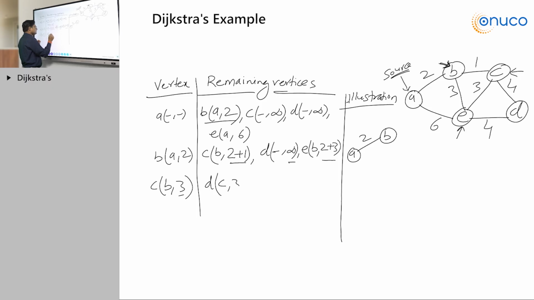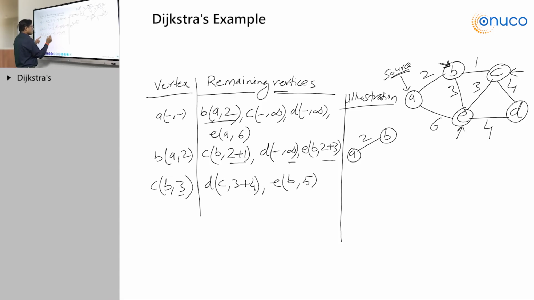Hence we can write 3 plus 4. For vertex E, if we go via C, then it is A to B, B to C is 3 and C to E is 3. So 3 plus 3 is 6. But what is the previous distance? 2 plus 3 is 5. So 5 is lesser than 6, so you are not going to update it. You are going to write E, B, 5.